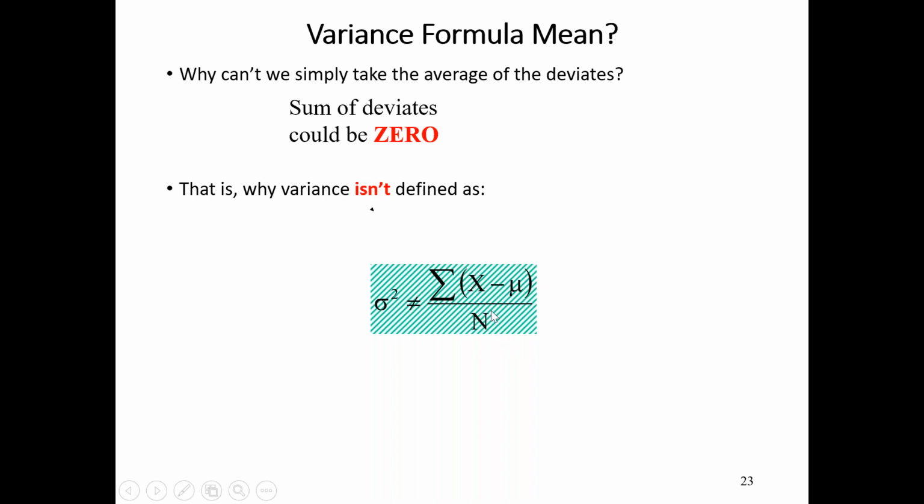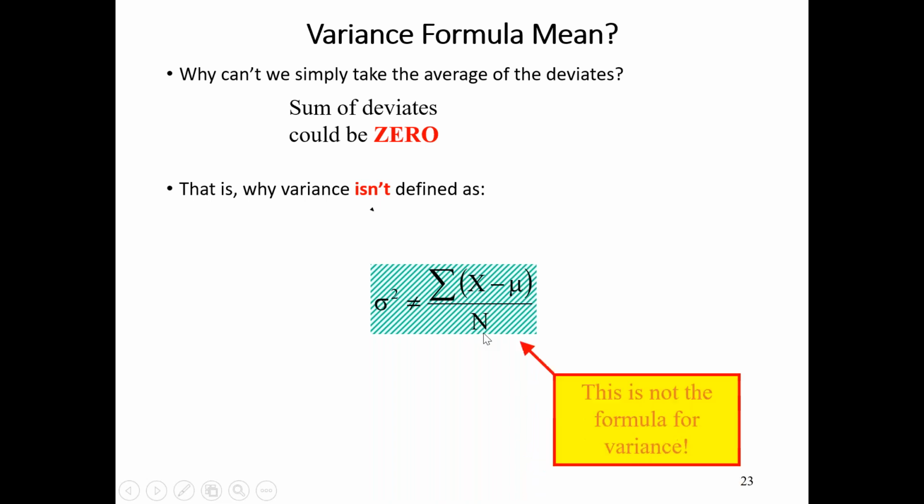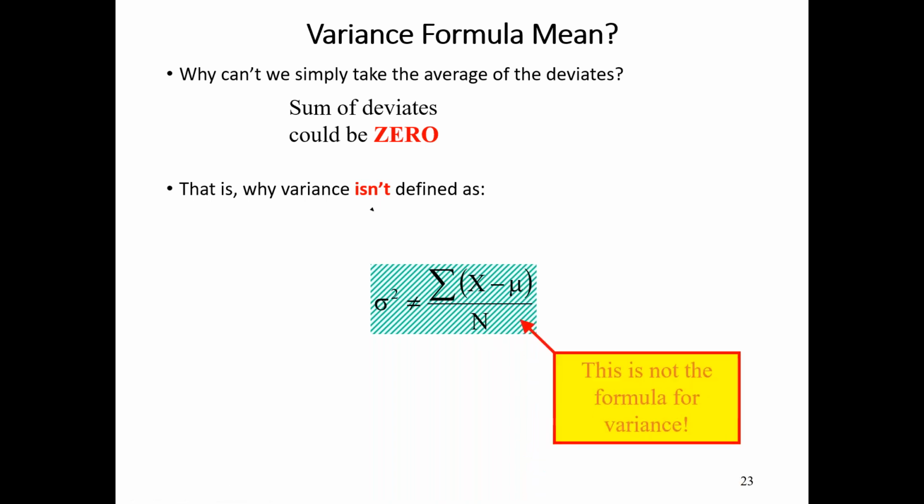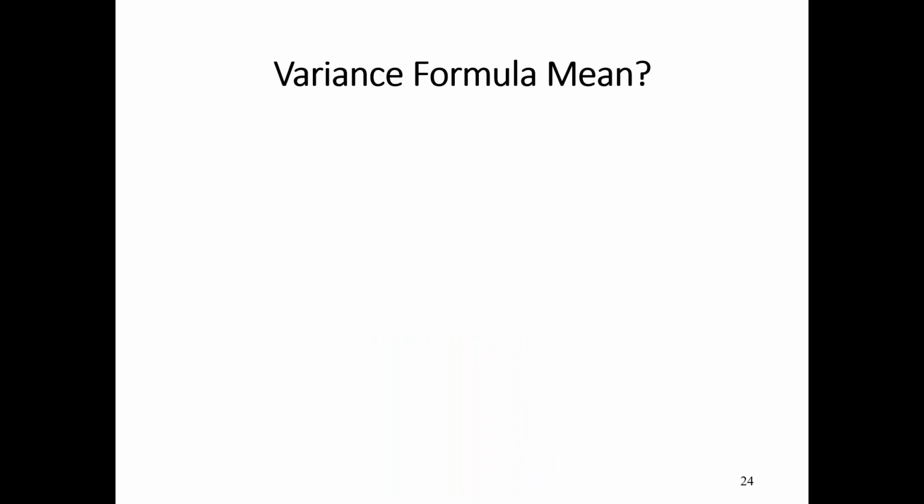N is the total number of the sample. So this is not the formula of variance. If I talk about variance, then x minus mu should be squared. Everybody's number, that summation, sum up and then divide by n. So this is not the formula for the variance.